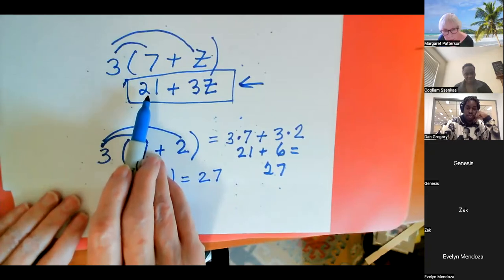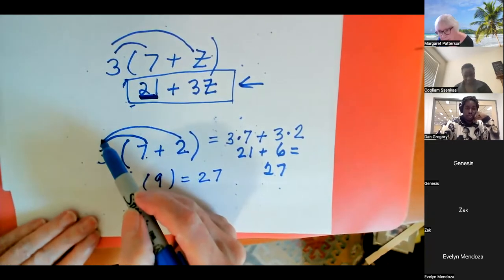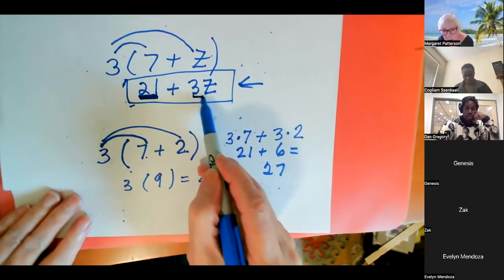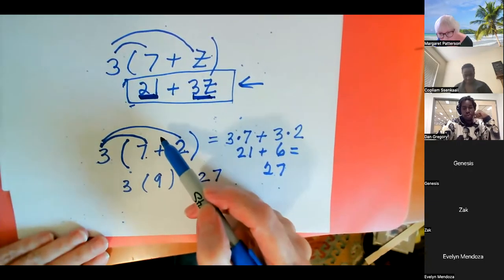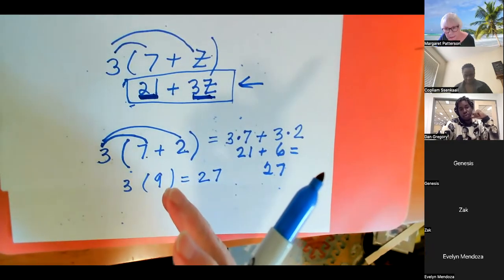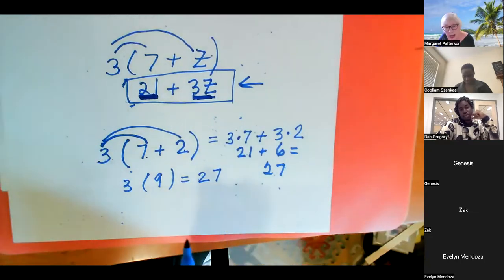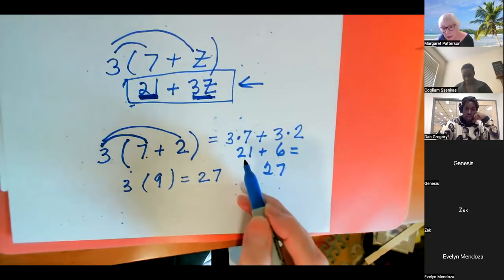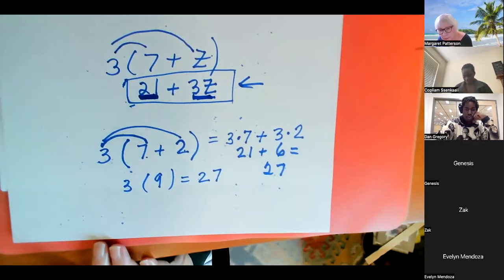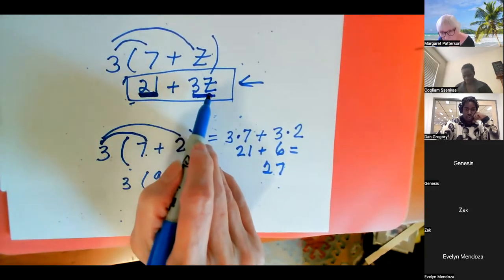There are terms, and this one is a perfectly good number, 21. This term is a Z term, and they are not alike. You can add like terms. You could add a 21 number and a 6 number, no problem, but you can't add things that are unlike.